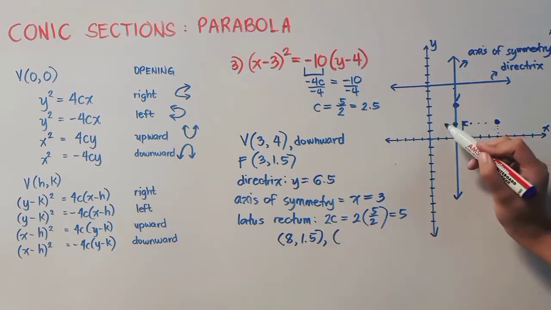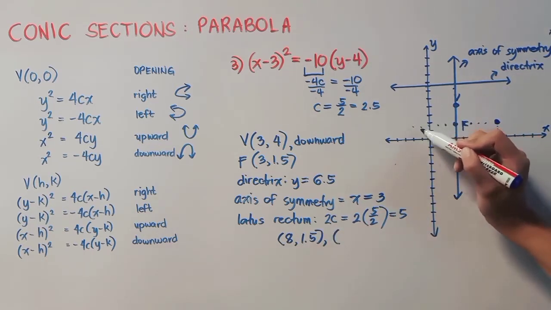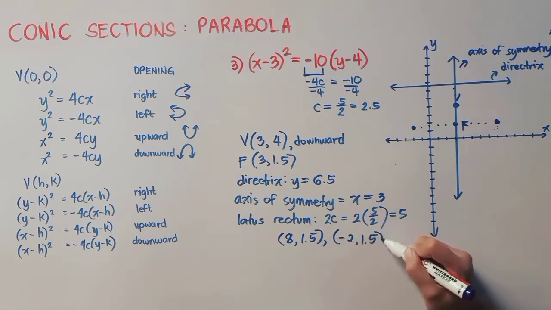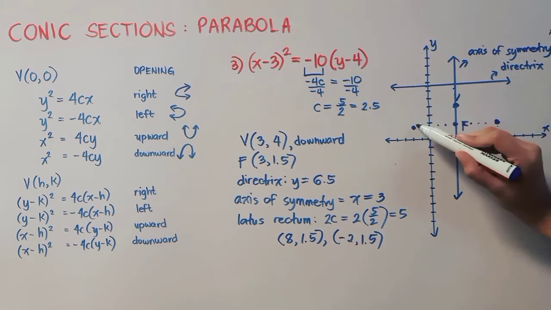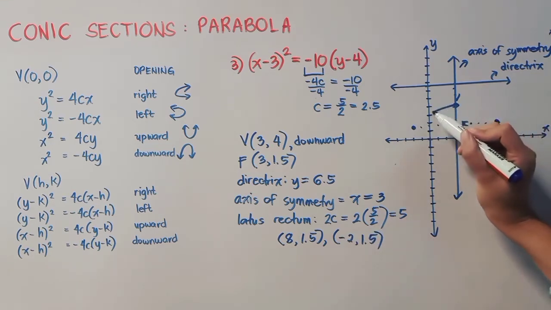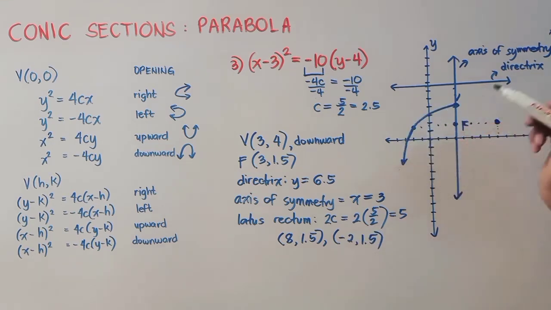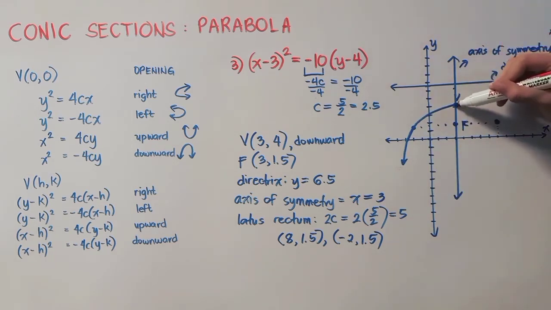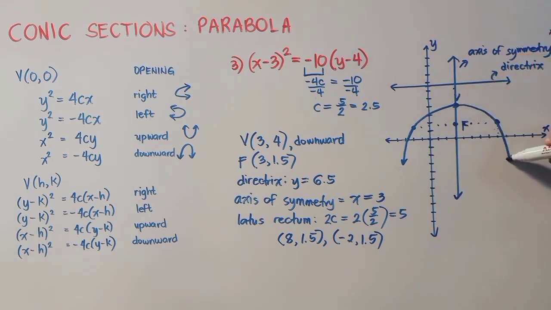And then the other one is 1, 2, 3, 4, 5. So this point here is negative 2, 1.5. And we will just connect the endpoints of the latus rectum to our vertex to create this curve. And this is our final answer.